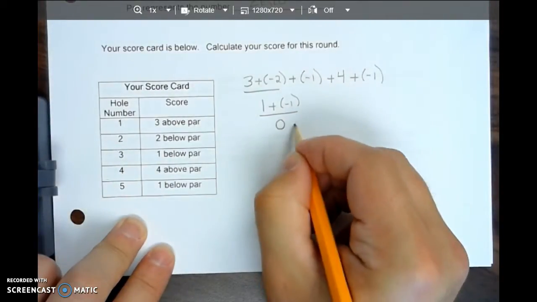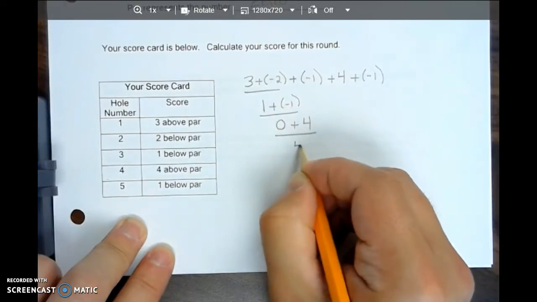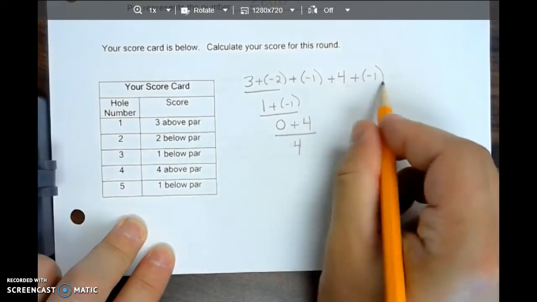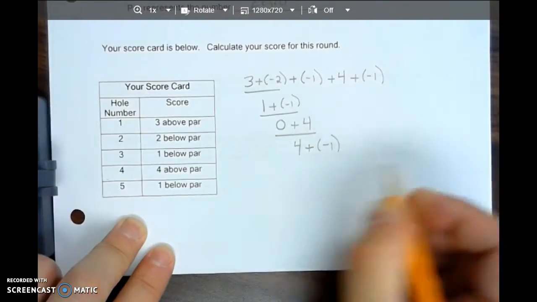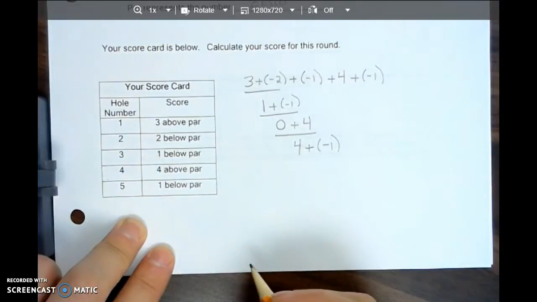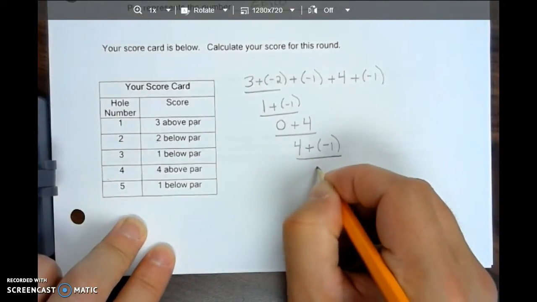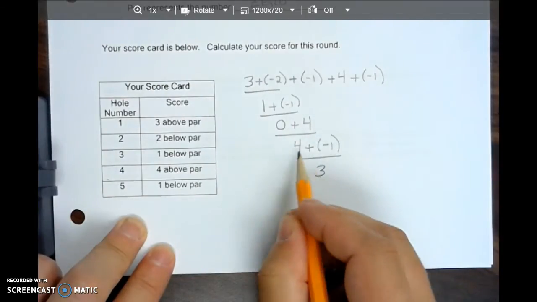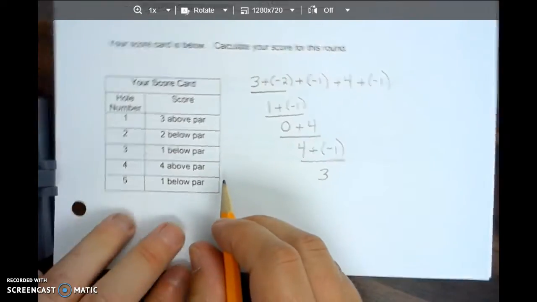Bring down the next part of the problem, plus 4. 0 plus 4 is just 4. And that leaves me with the last number in the problem. Bring down the plus negative 1. These numbers, again, have different signs, so I'm going to subtract the absolute values. 4 minus 1 is 3. And it's going to be a positive 3 because the positive 4 has the greater absolute value than the negative 1.